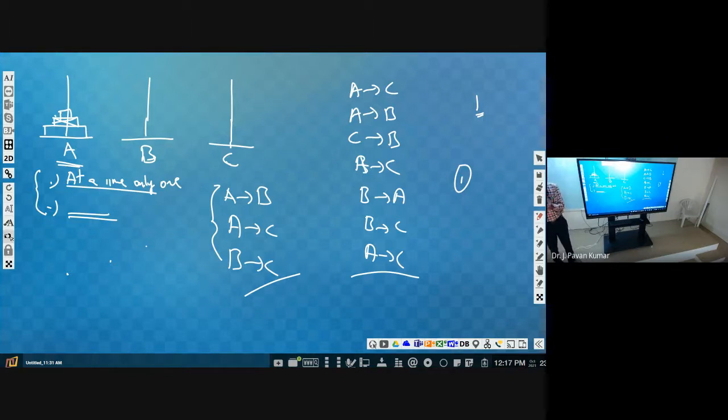See here, 4 boxes we are having. 4 we have to move to C. Okay, simple logic. Can you give any logic for solving? Suppose if I give seven boxes, can you give any logic? Very good, that's the logic.